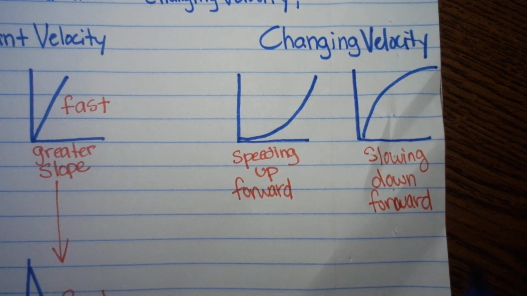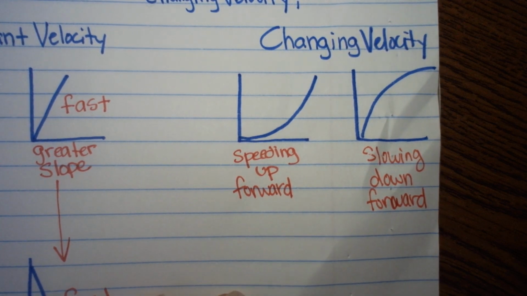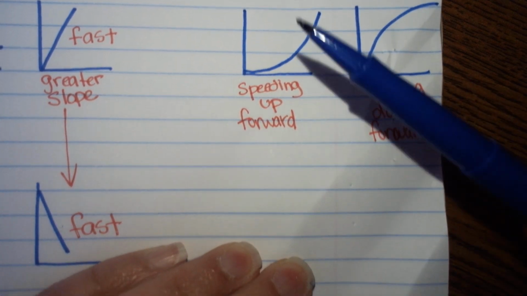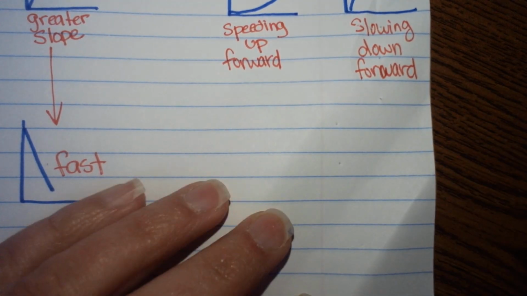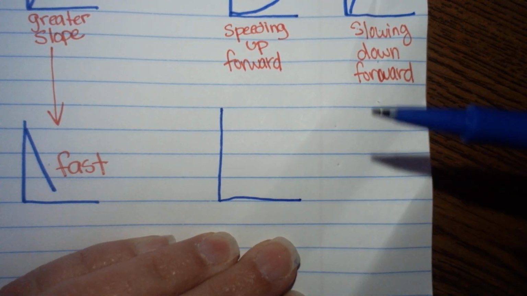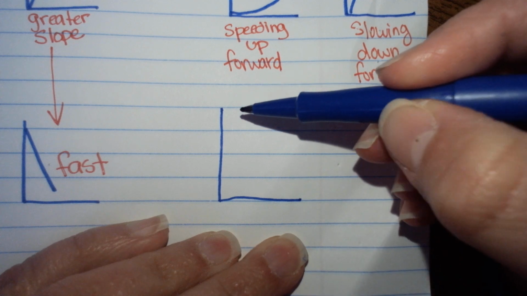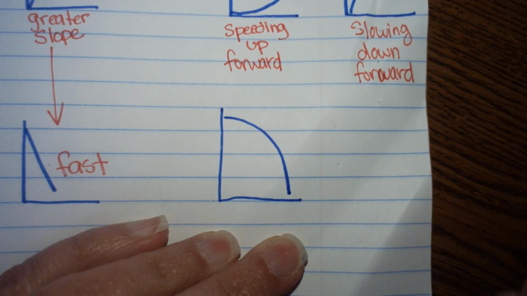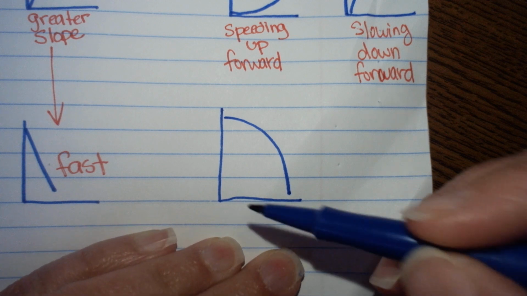Now these are all going to come into play in just a second when you do your review stuff. But if we look, we have a missing spot here. We're going to have changing velocity going backwards, or going left. Okay, so right here, we are speeding up.